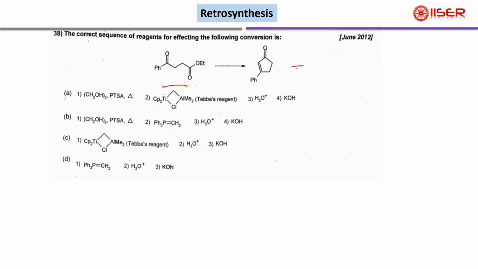So if we plan the retrosynthesis first and break this carbon-carbon double bond, then there will be a 2 positive charge here, and a negative charge here. To compensate the 2 positive charge, there will be 2 OH. 2 OH means it leads to a carbonyl. And there will be 2 H, like this.